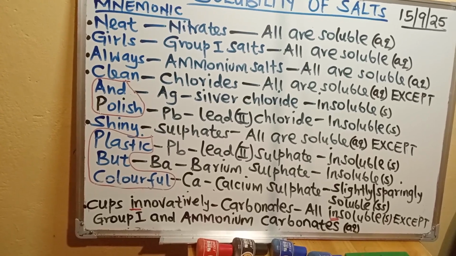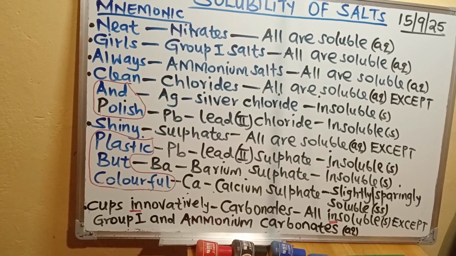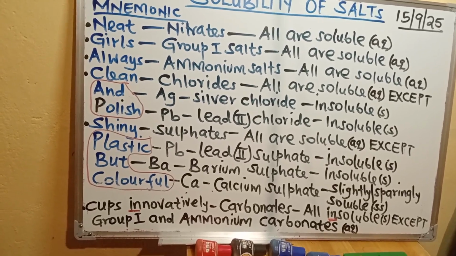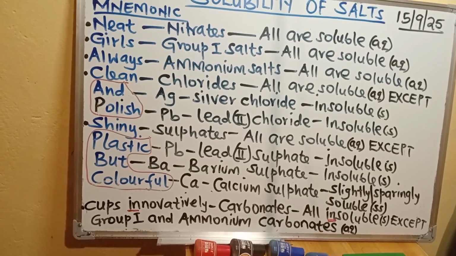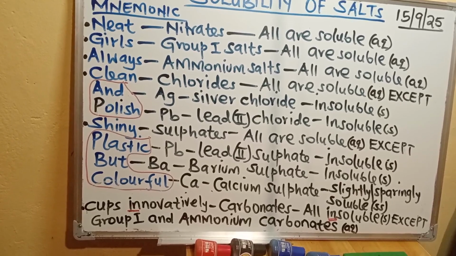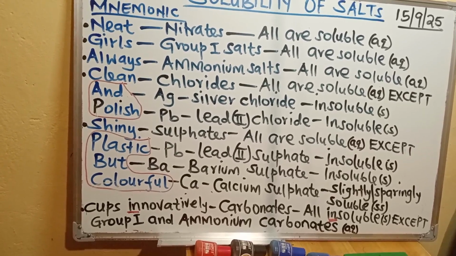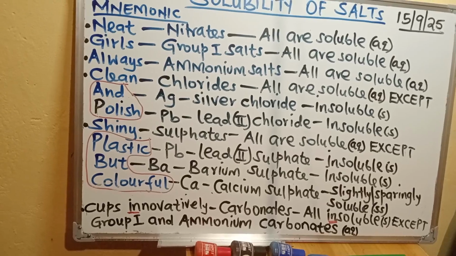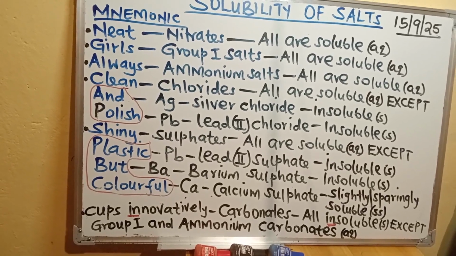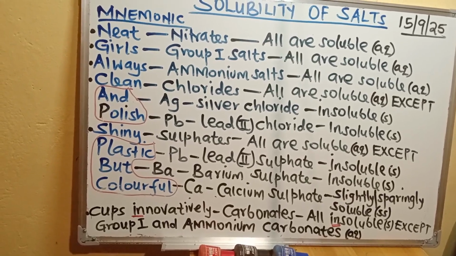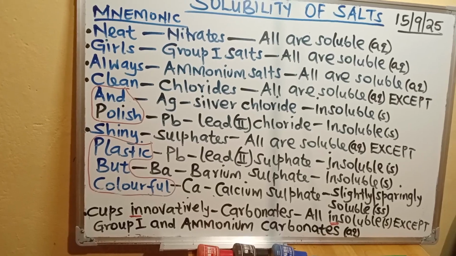So the ones that follow on are those that are insoluble, though they are also chlorides. So down there we have "and polish". I have circled them because they are examples of chlorides. So "and", the A standing in for Ag, which is silver.